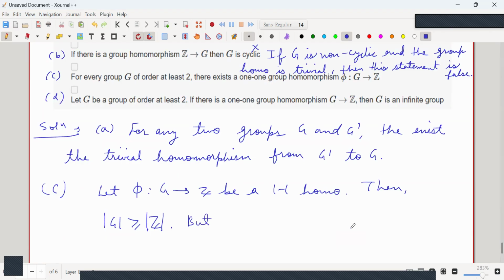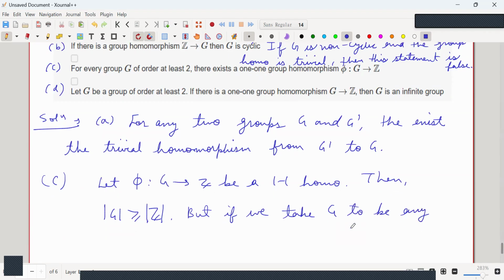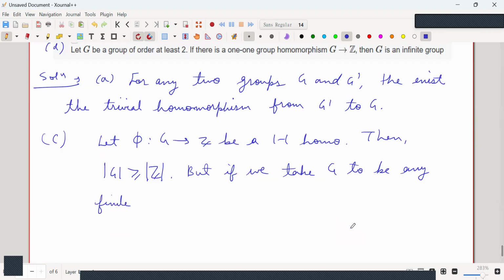But if we take G to be any finite group, then this relation is not true.